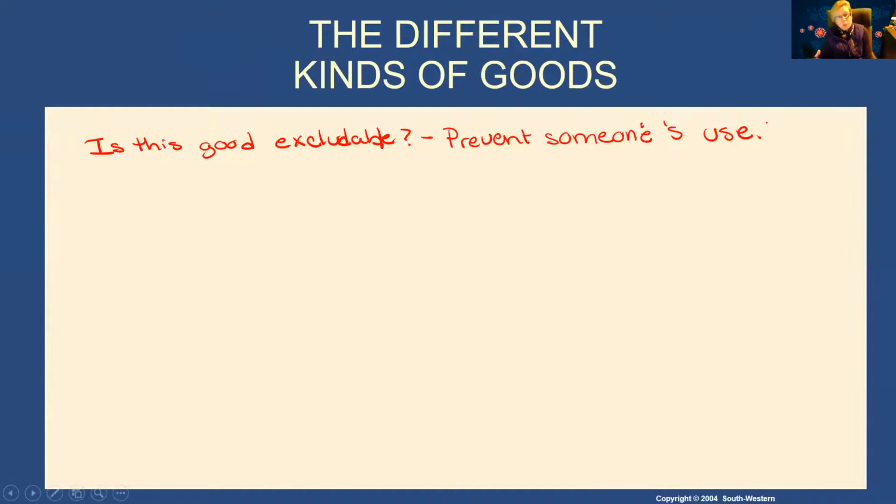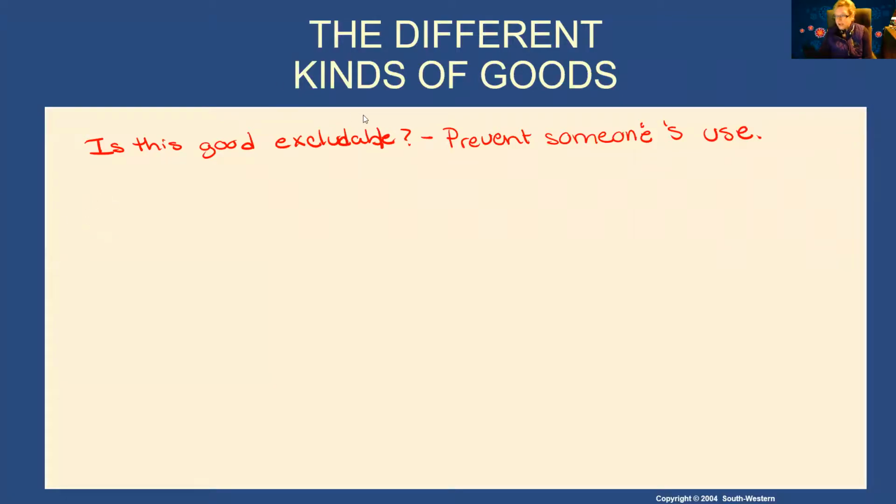The easiest way to prevent someone from using something is to attach a price to it. And that's creating a market, isn't it? So, is the good excludable? Can we prevent someone from using it? You might say, hey, I have to get a license to hunt. I have to get a license to fish. That's an excludability feature. And many times there's a price attached to that, which we could argue is not necessarily a good thing, because it means that it's not available to all people.